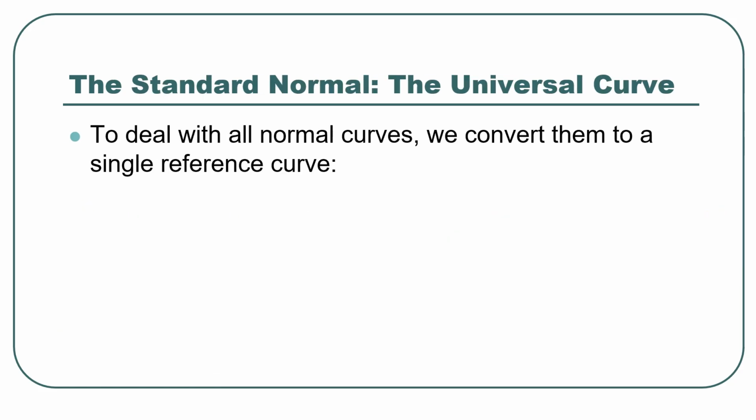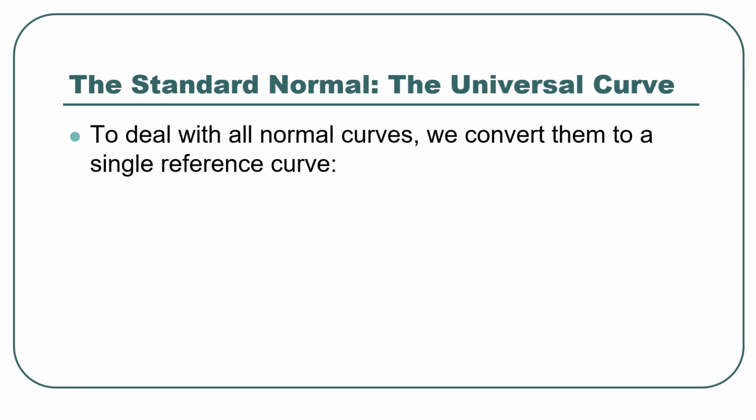Now we will have as many normal distributions, or normal curves, as we have combinations of mu and sigma. And to deal with all of these different normal curves, we need to convert them to a universal curve, which we are going to call the standard normal distribution.